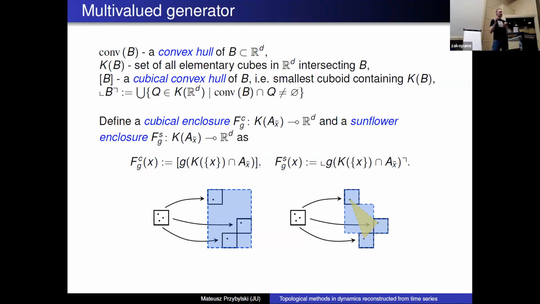We have to fix a third parameter, namely the size of the cube, because we want to cover the whole space with cubes. And we build the multi-valued map as follows. We look for all points in one cube, then we take the values of the shift map of those points and cover them by cubes. And here is the first major obstacle.